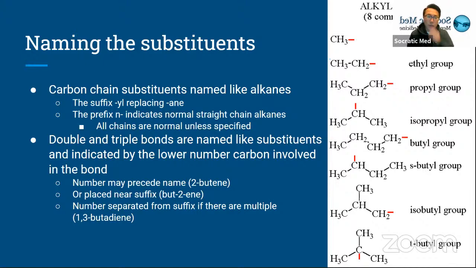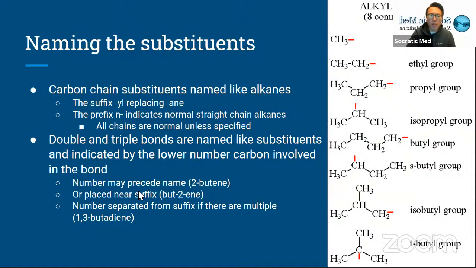And if the carbon chain has any double or triple bonds, you have to name that in the substituent also. You also have to indicate the number of the carbon they're on. You can do it two different ways. You can have the number before the name of the carbon chain, so 2, which is where the double bond starts, and then butene to specify there's a double bond in the carbon chain.